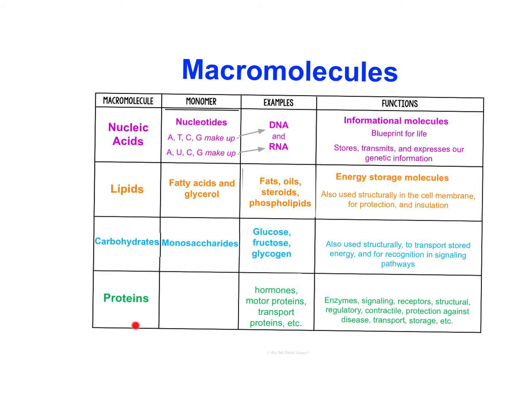And lastly, we have our proteins. The monomer of our protein is amino acids. If you remember from biology, proteins have many different functions and examples. So one important one here that we can add is enzymes.